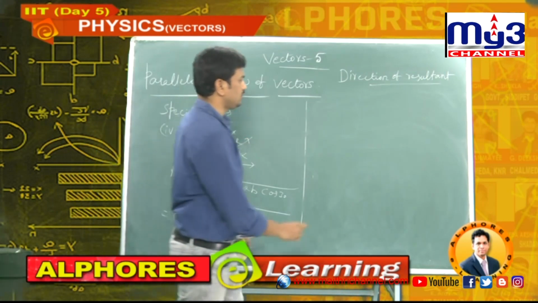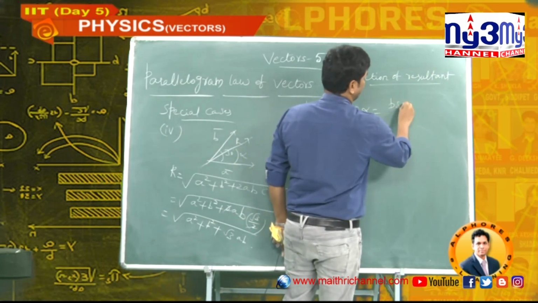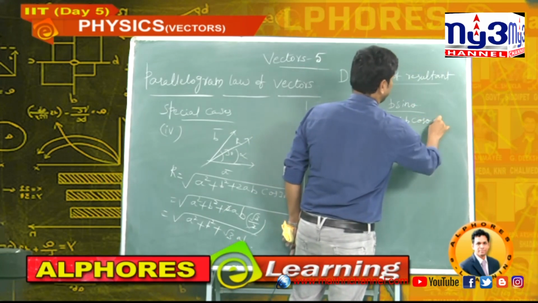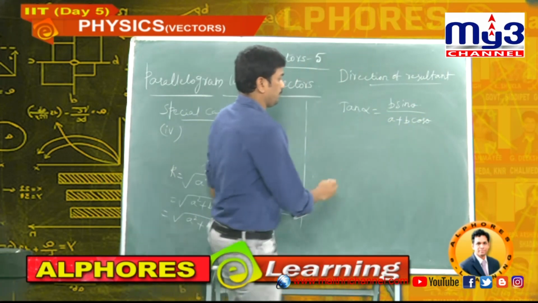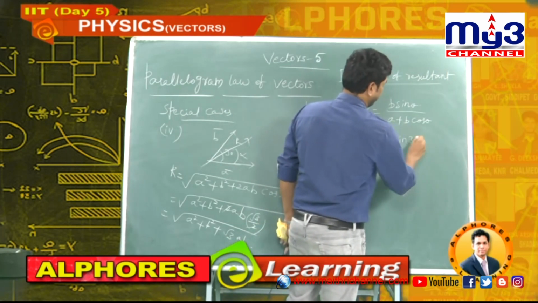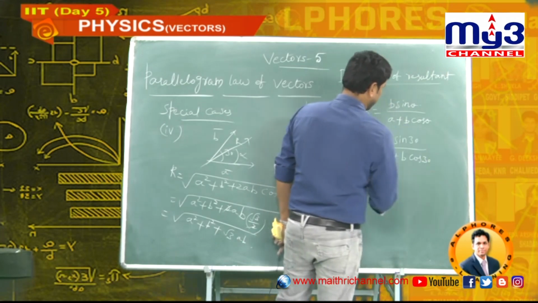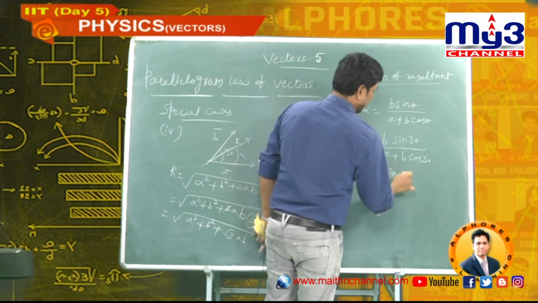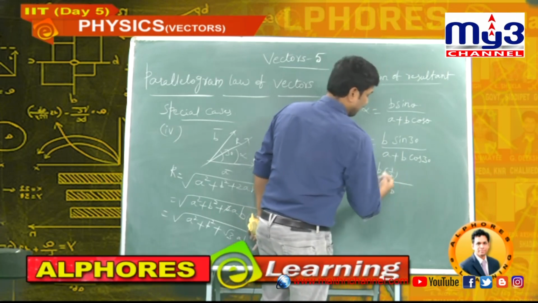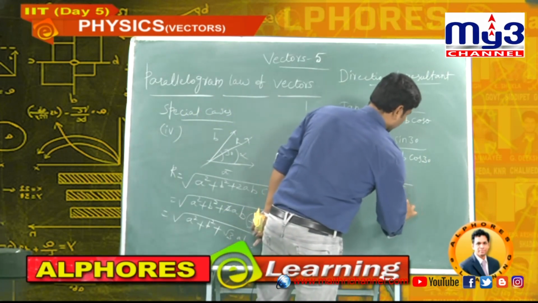Alpha. Now, again, tan alpha is equal to B sin theta by A plus B cos theta. Now, as usual, the same thing: B sin 30 by A plus B cos 30. B sin 30, value 1 by 2, A plus B into cos 30, value root 3 by 2.